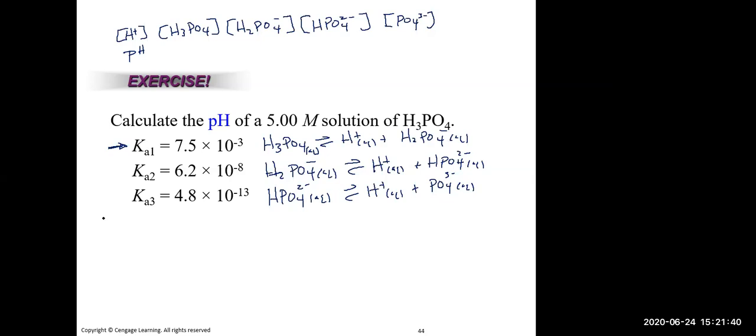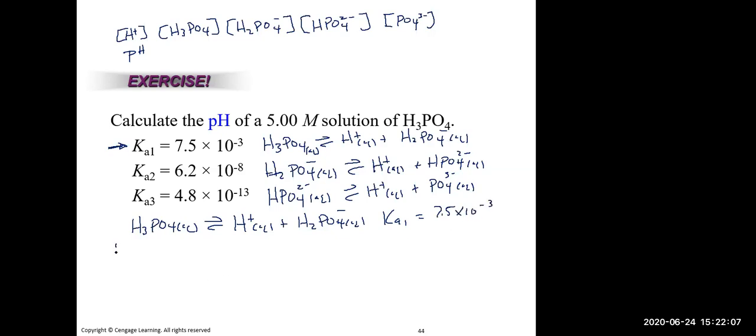So we'll start with the first one, which is H3PO4 breaking apart into H plus and H2PO4 minus. And again, that's going to be our Ka1 value associated with that, which is 7.5 times 10 to the minus 3.